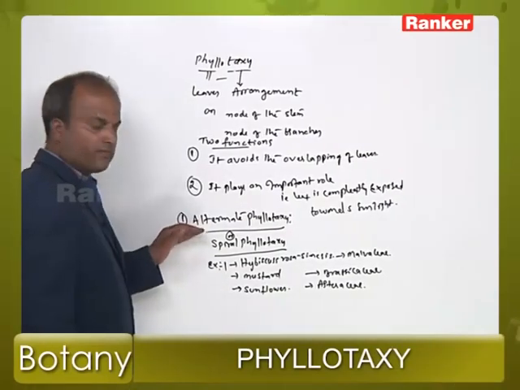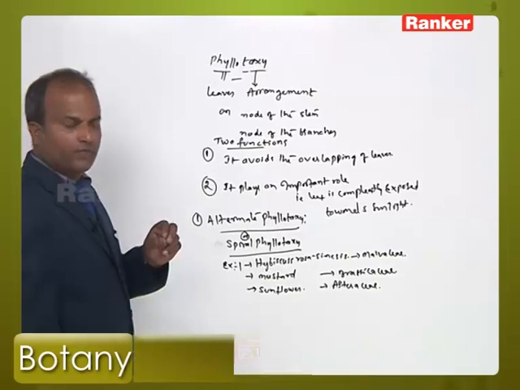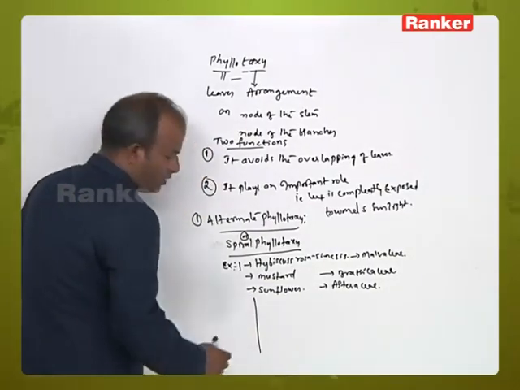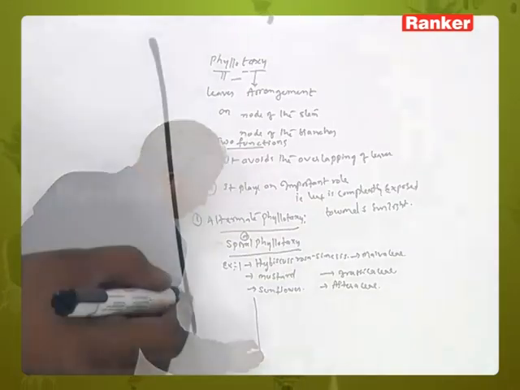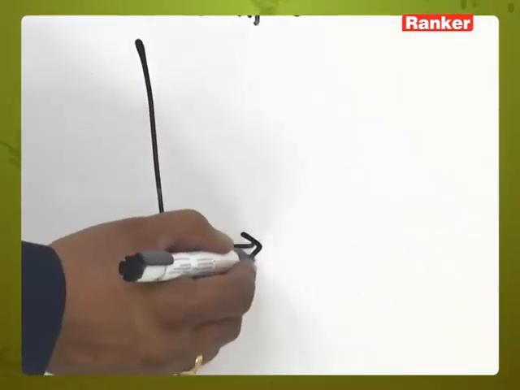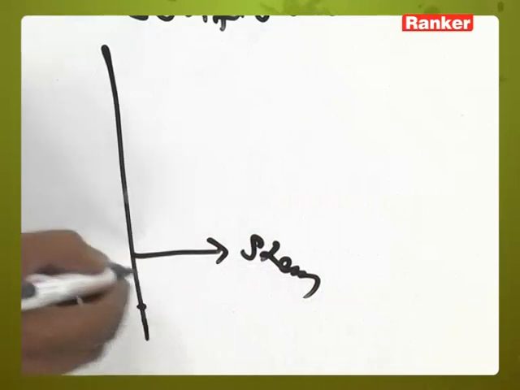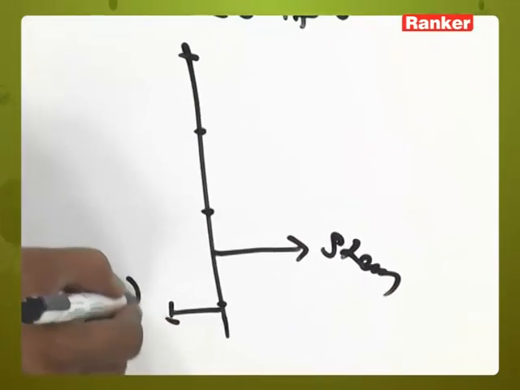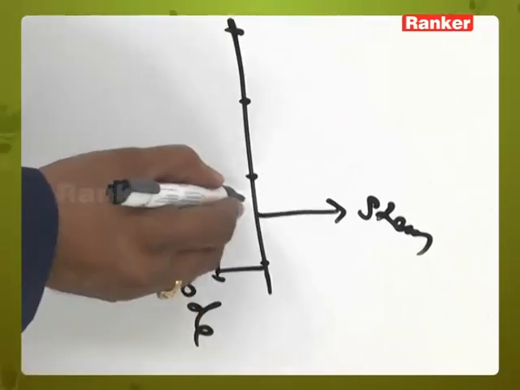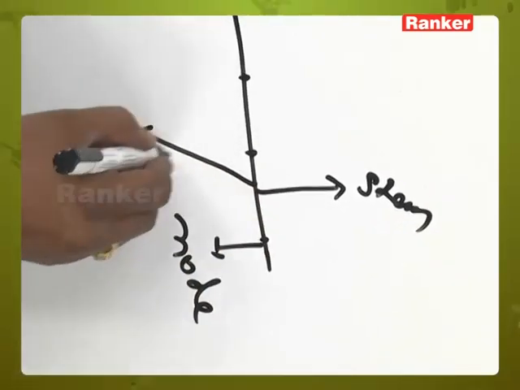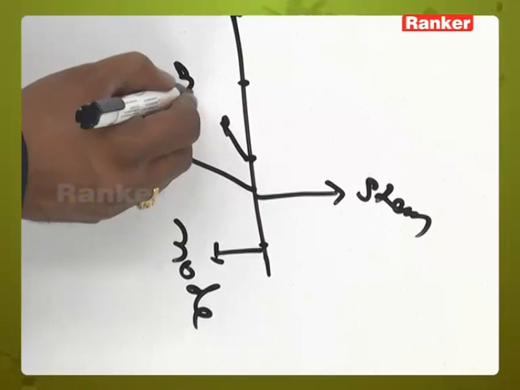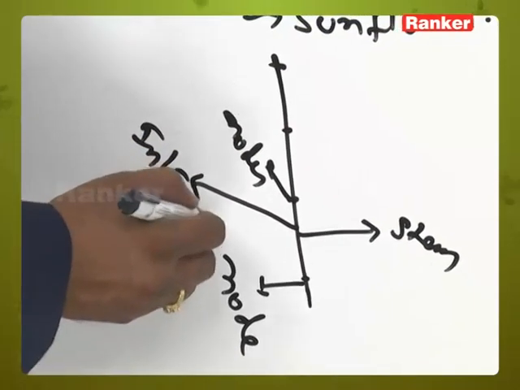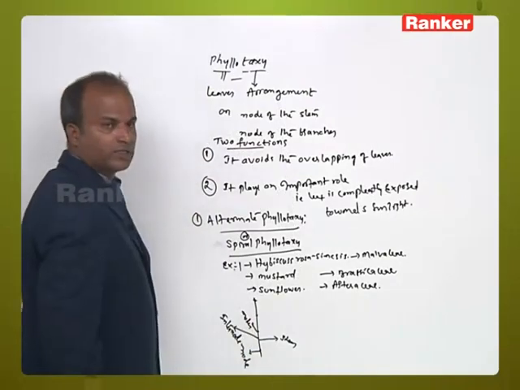Now, what is meant by alternate Phyllotaxy? Think this one is the stem. The stem is differentiated into nodes and internodes. This is called a node, and the position between two nodes is called an internode.